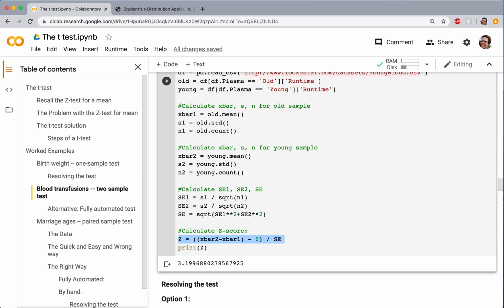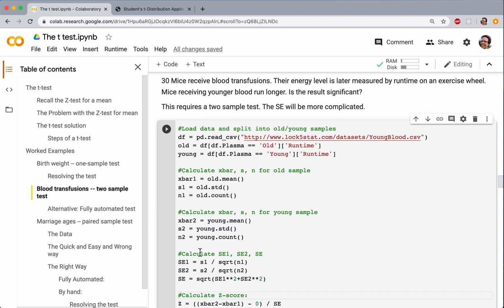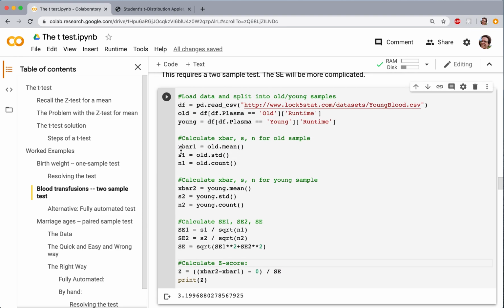And then finally, we need to calculate the z-score. Now, we need to be careful here. The z-score is always the measured minus the expected divided by the standard error. But what are we measuring and what are we expecting? If the form of the hypothesis is that the mean for the young mice is going to be greater than the mean for the old mice, then what we're measuring is not one mean or the other, but the difference between them.